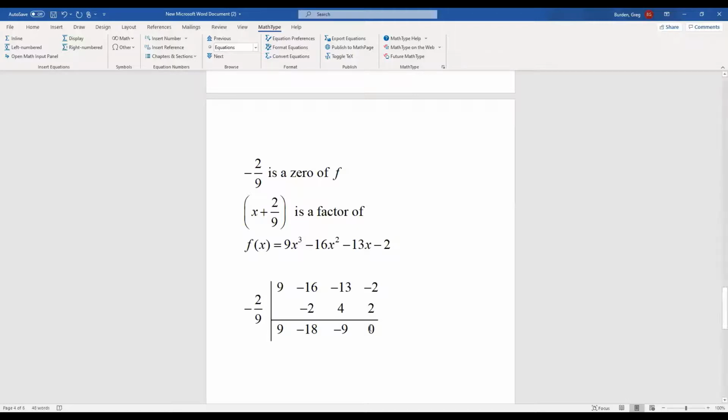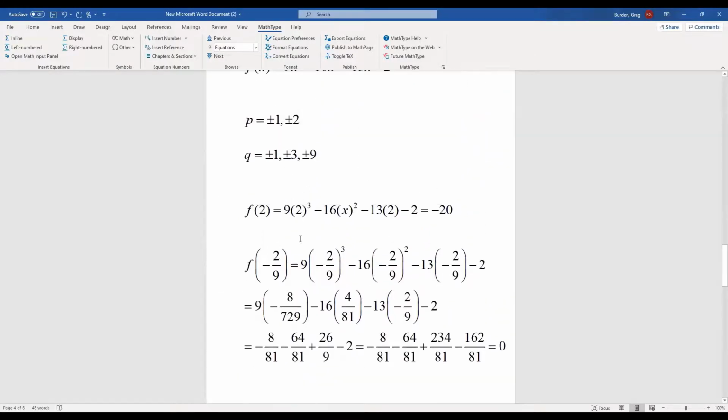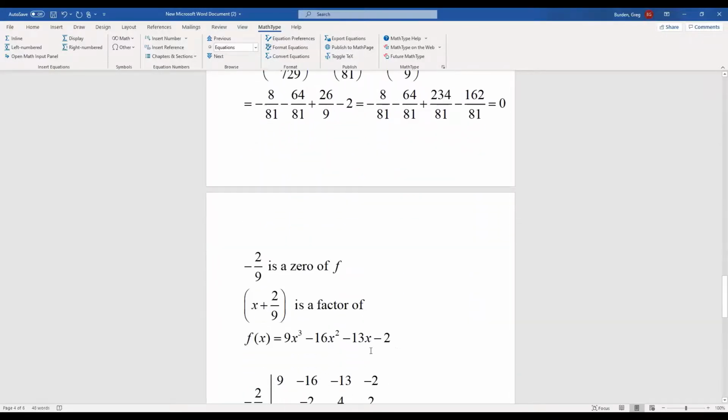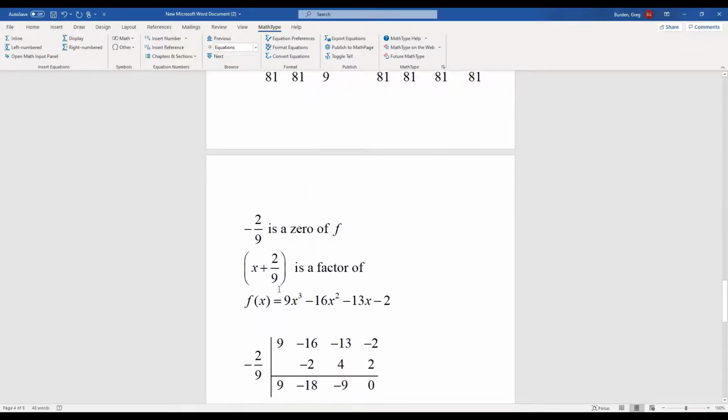It also ties into something called the remainder theorem, which is not, in my estimation, in mathematics anymore, since we have calculators nowadays. But the remainder theorem says that if you plug negative 2 ninths into the polynomial, which we did up here, what you'll get is the remainder if you divide by x plus 2 ninths or x minus negative 2 ninths.